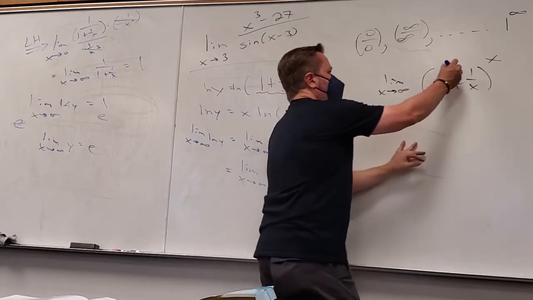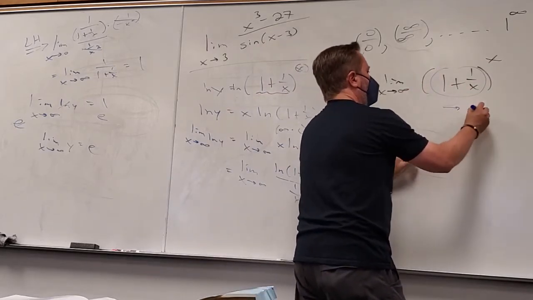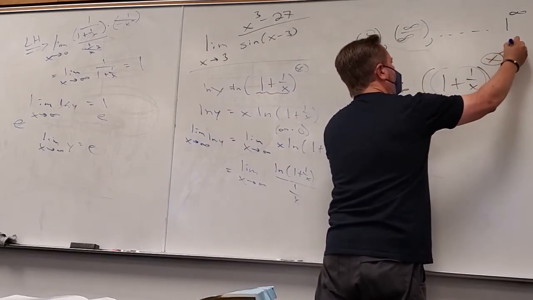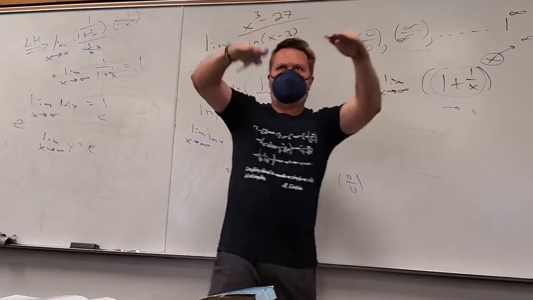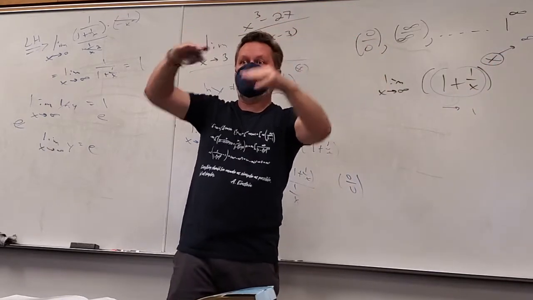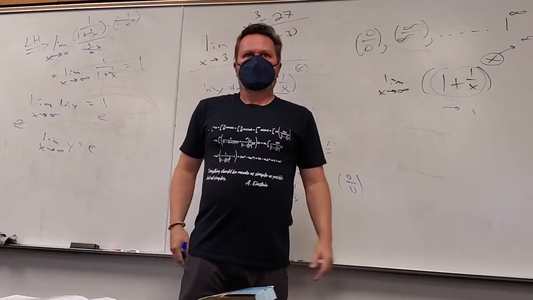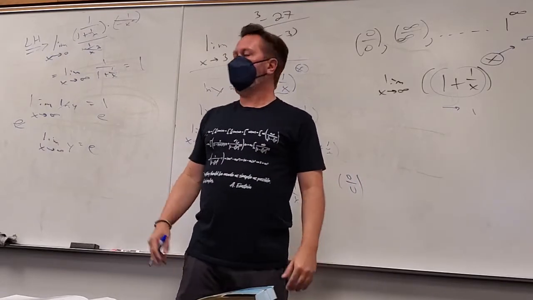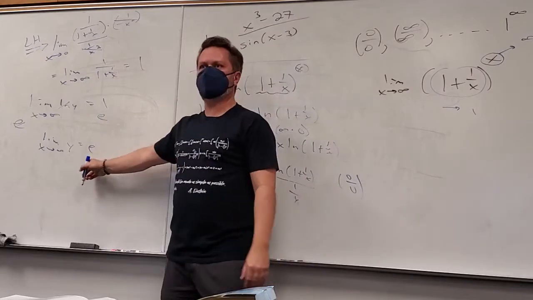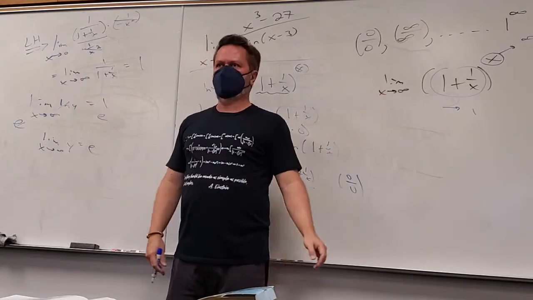So this goes to 1 at about the same rate that this goes to infinity. So they both sort of agree on e. Weird. That freaked a lot of us out, so we gave it a special letter because it was freaky. Right?